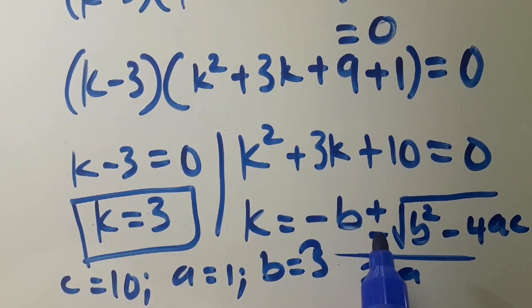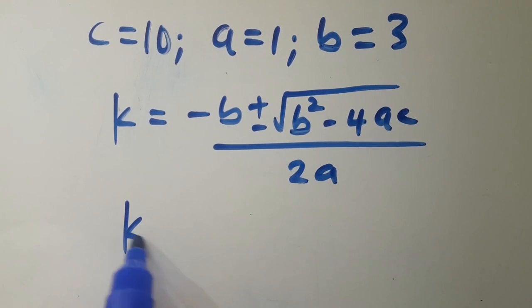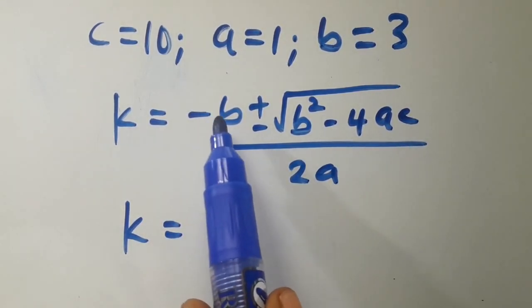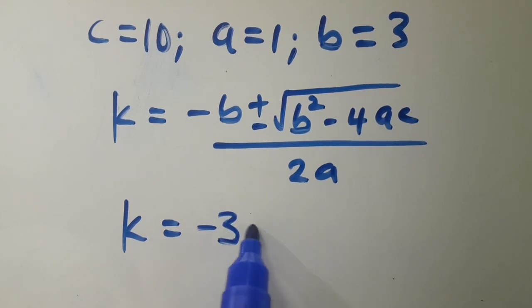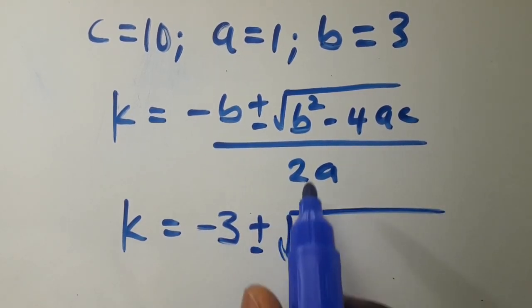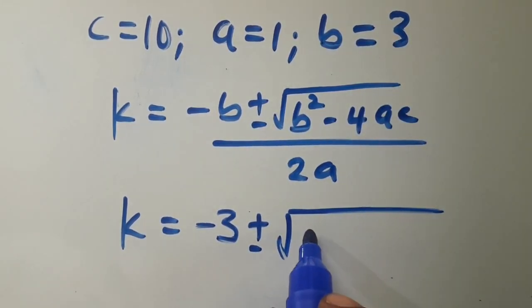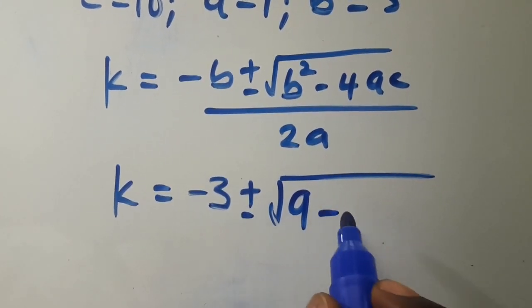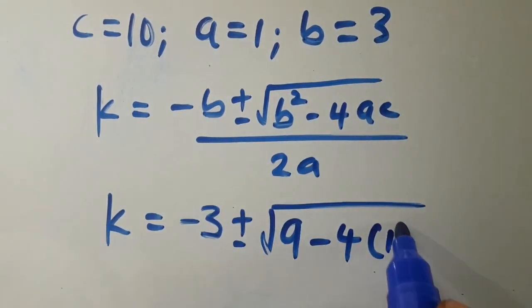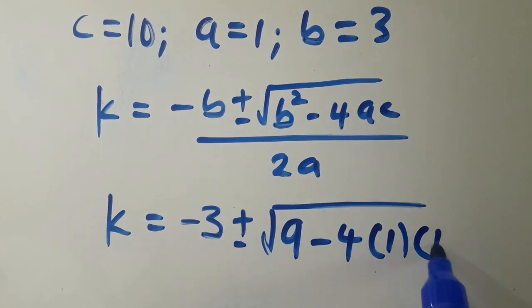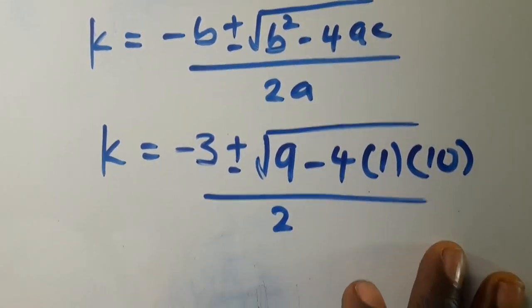Now let's plug everything in. We have minus b, which is minus 3, plus or minus the root of b squared, 3 squared, which is 9, minus 4 multiplied by a equals 1 and c equals 10, divided by 2 multiplied by a, which is 2.